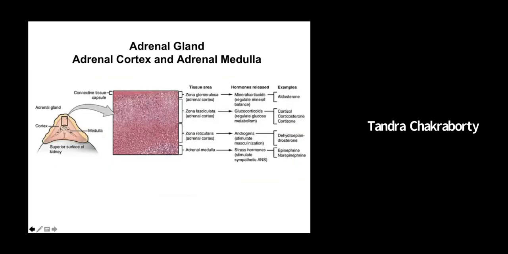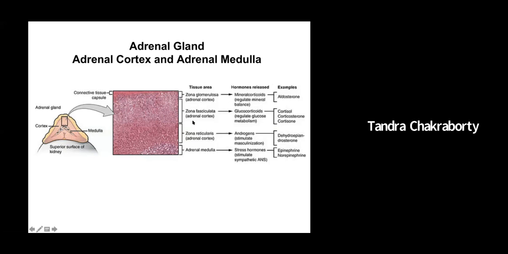So if you look in here, the first layer just after the connective tissue layer is known as the zona glomerulosa. And the main hormones that it produces are called mineralocorticoids. And we'll learn why it is called mineralocorticoids, okay? And the main hormone produced by it is aldosterone.